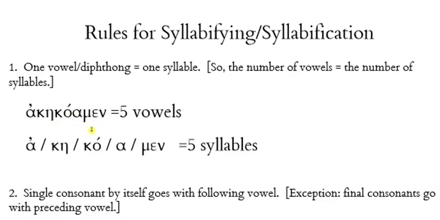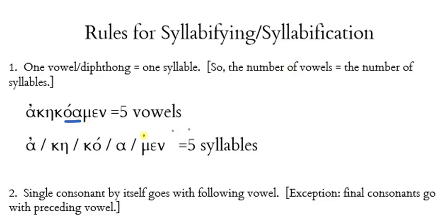Are any of these diphthongs? What about those two vowels together? Doesn't that form a diphthong? Isn't that kwa? I'm just teasing. That's not a diphthong, is it? How do you know that's not a diphthong? That's right. There's no iota or upsilon as the second member of the sequence. You got to have one of those to have a diphthong.